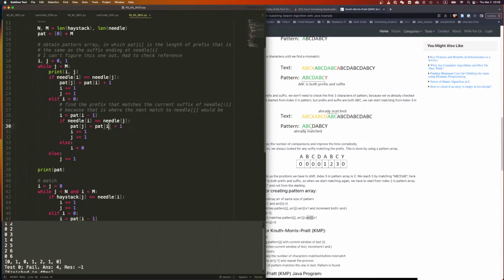Now we want to know the total length starting from the front up to this. The prefix, right? That's the length of the suffix.